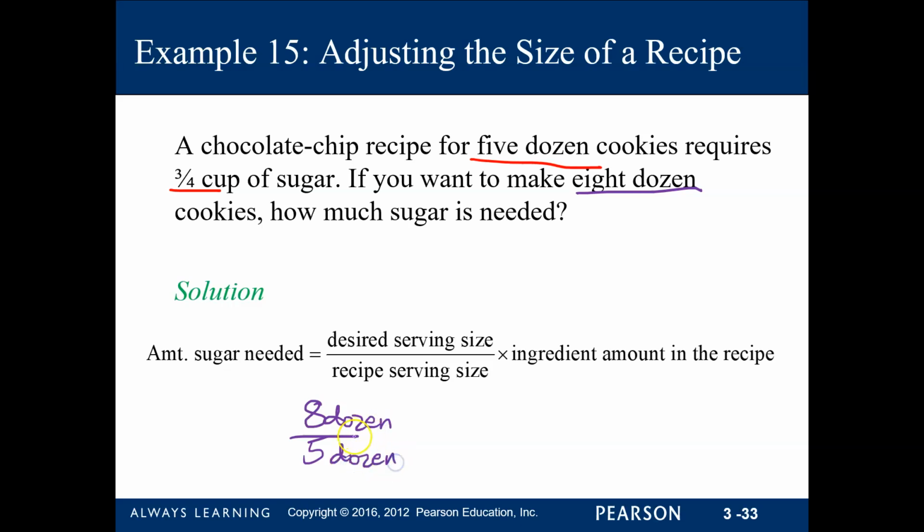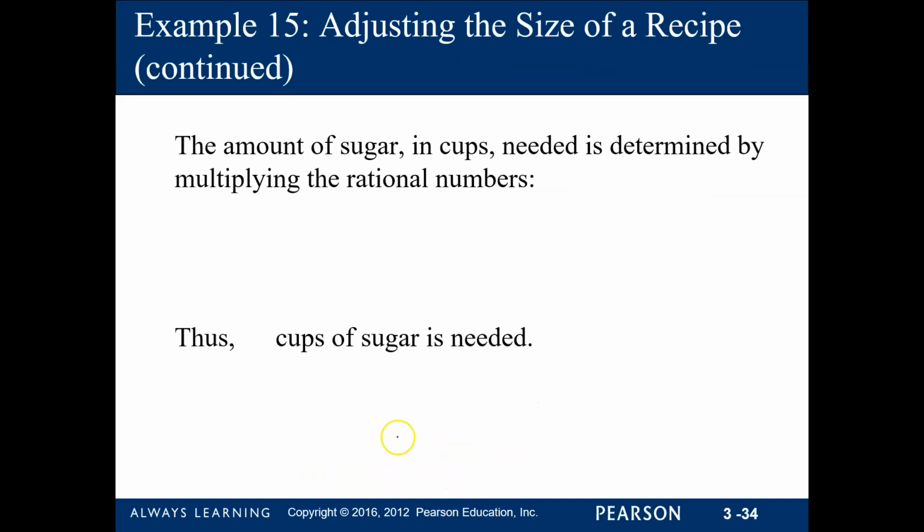Then, looking at our formula, what was the ingredient amount based on the original recipe? The original recipe uses 3 over 4 cups of sugar. So if we do our multiplication, this is going to be 8 over 5 times 3 over 4. This is going to be 24 over 20.